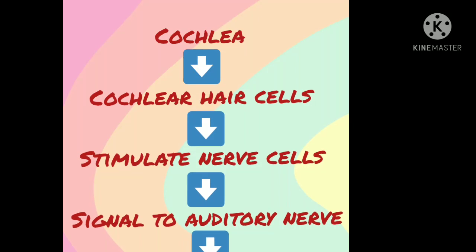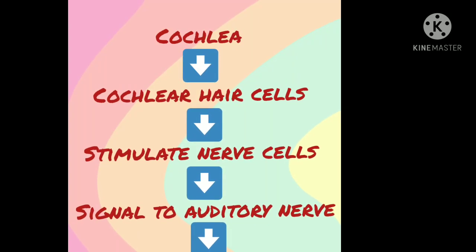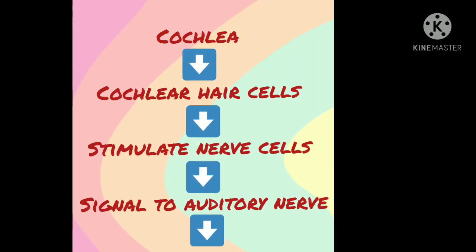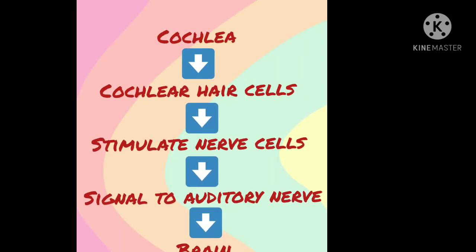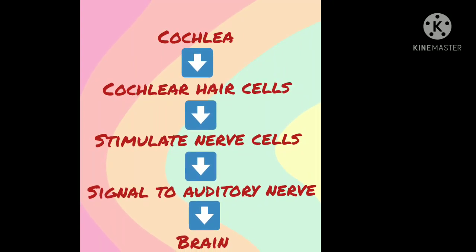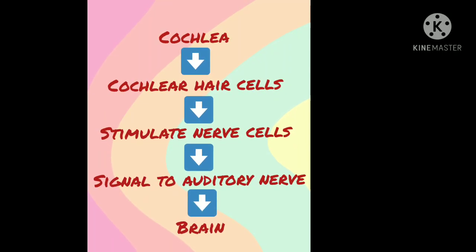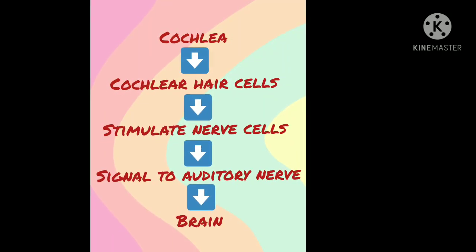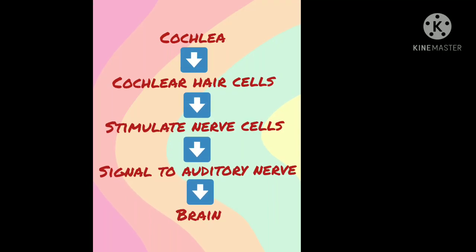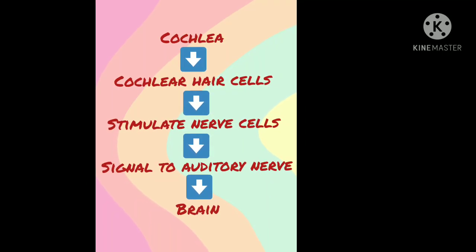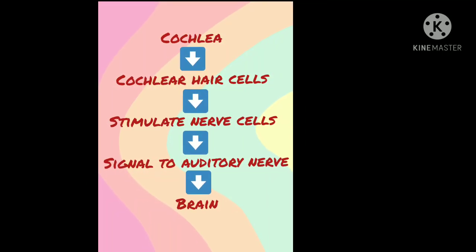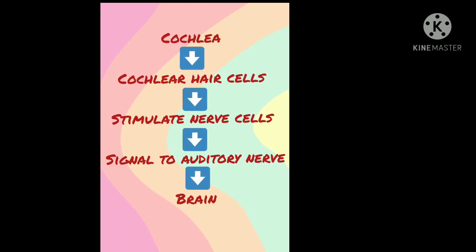These nerve cells send signals to the auditory nerve. Now, what will the auditory nerve do? The auditory nerve will receive these impulses which are generated by the ear and it will pass the information to the brain. So, the sound can be interpreted and we can hear the sound properly.